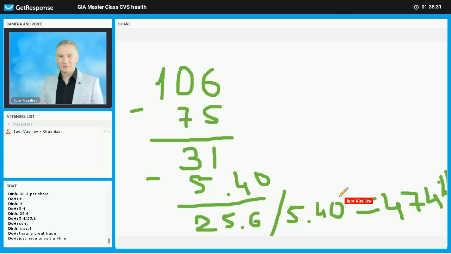Do you understand? Because if you make this 474% profit, you need only one profitable trade to cover 4 losing trades if they lost 100%. Roughly, that's how it works. Do you understand that?